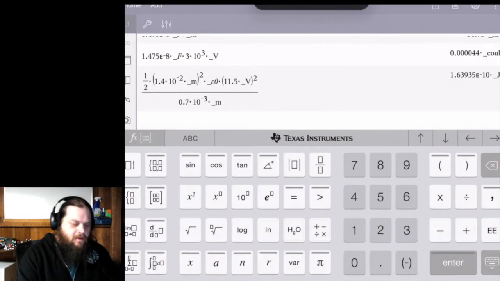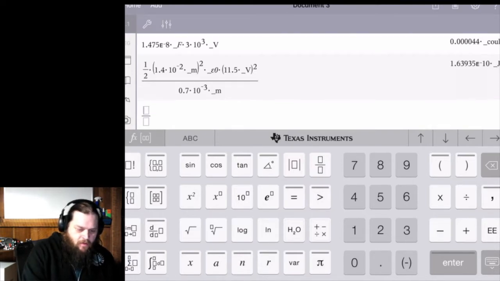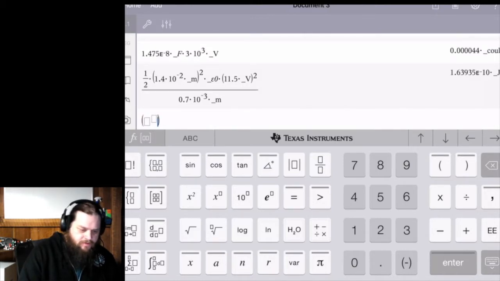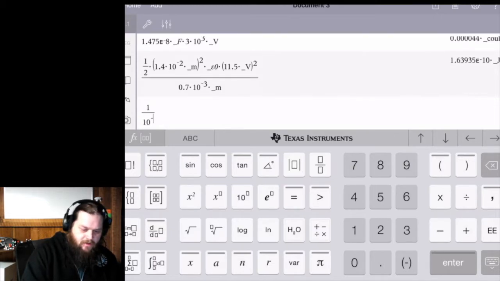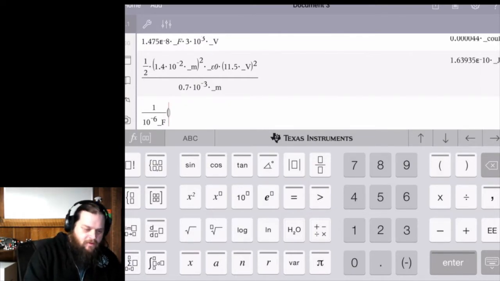Pop back over to our calculator. So I'm going to actually factor out that 1 over 10 to the 6. So 1 over 10 to the negative 6 farad. I'm just factoring out my microfarad units. It makes typing it in a lot easier, basically.